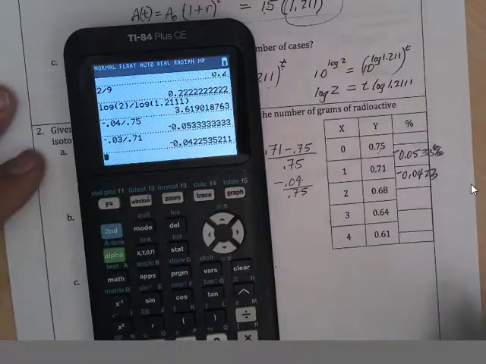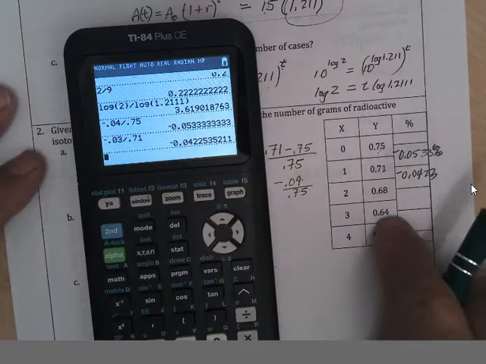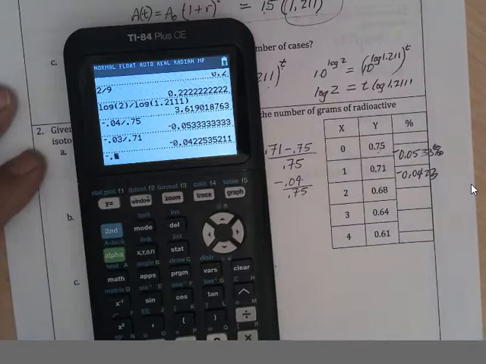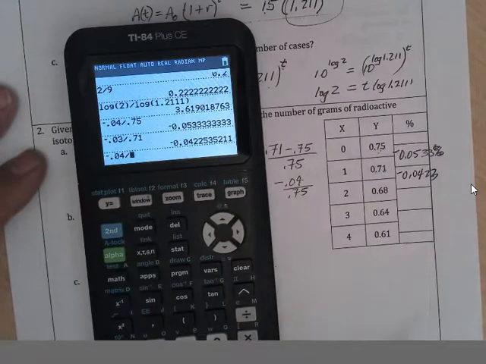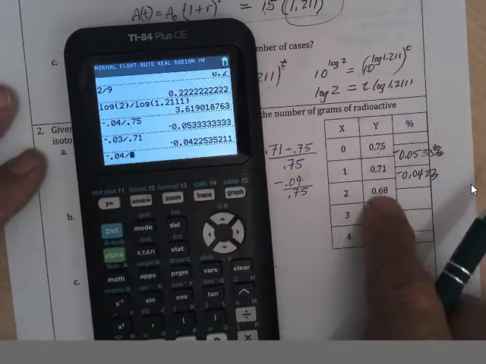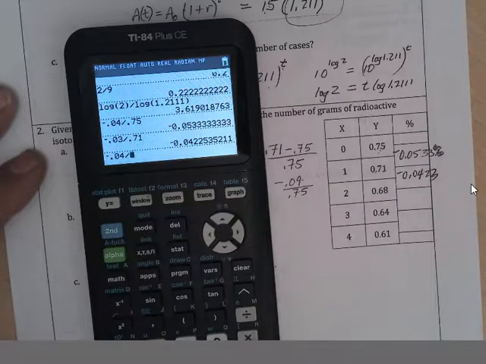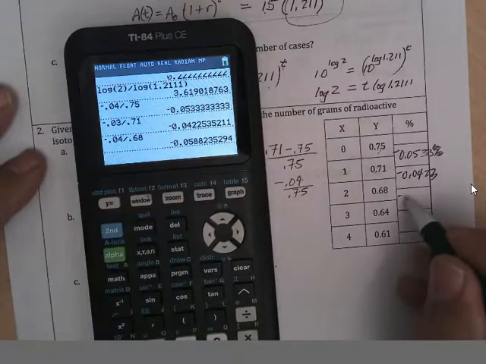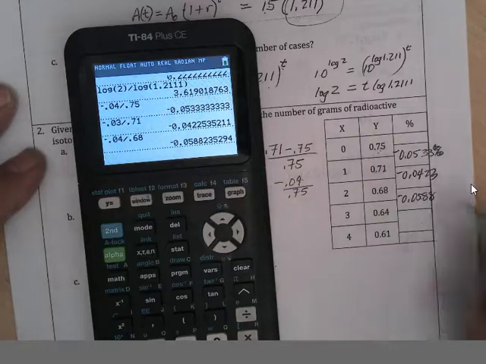And the next one, 0.68 to 0.64, that's down 0.04 divided by the starting one, 0.68, and we get negative 0.0588.